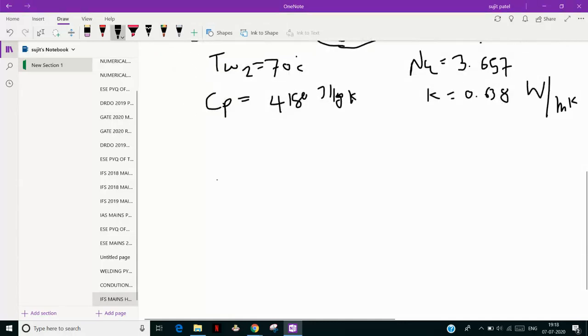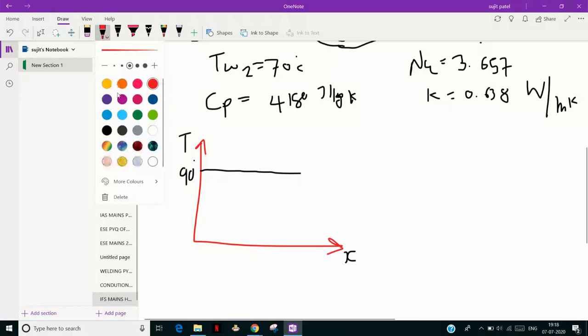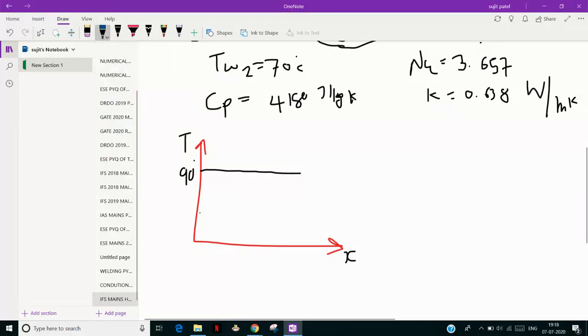Okay, so first we will draw a temperature and distance graph. The surface temperature will remain constant at 90 degrees throughout the length. The water entering here has 20 degrees Celsius inlet temperature and 70 degrees Celsius as outlet temperature.